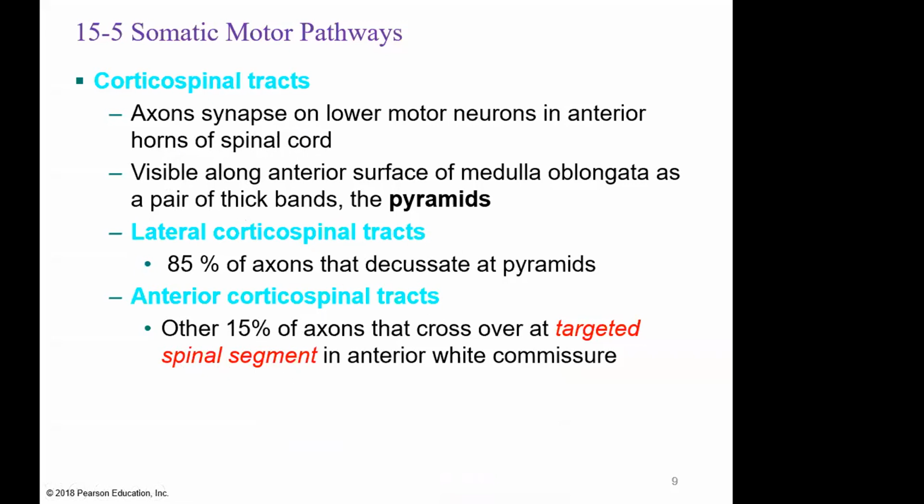What does commissure mean? You guys remember? Oh, it's the bridge. It's the bridge, perfect. So commissure means that we can take something from one side to another, right? So that's our bridge. So the white commissure, because it's myelinated axons, is where they're going to cross over in that specific spinal cord segment.